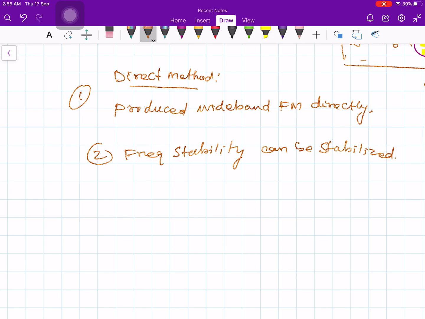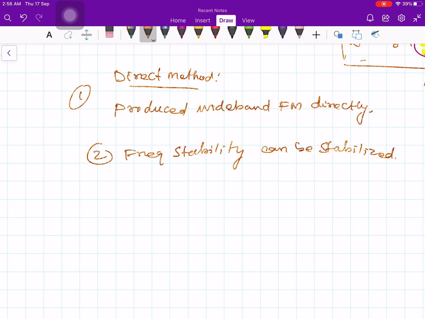If you have done some discussion on feedback, you must have also learnt that feedback, particularly negative feedback, can be used to stabilize the system. So one can design a special negative feedback system, that is a control system of some kind, which ensures that even though there is a variation in the frequency due to drift, its effect can be minimized. Using a negative feedback system, one can easily control the frequency drift.